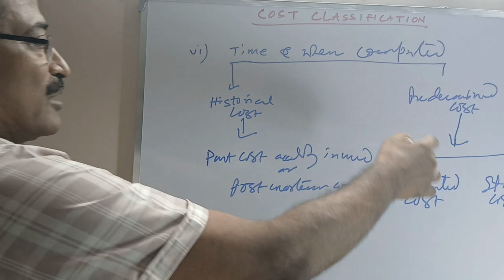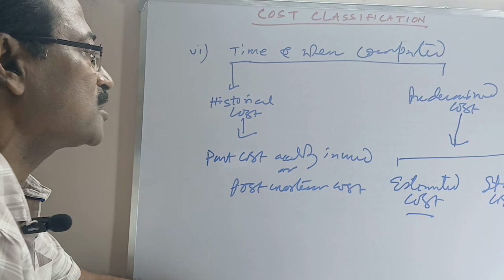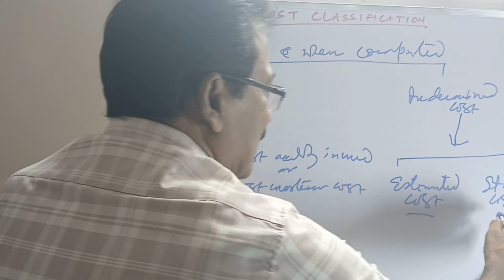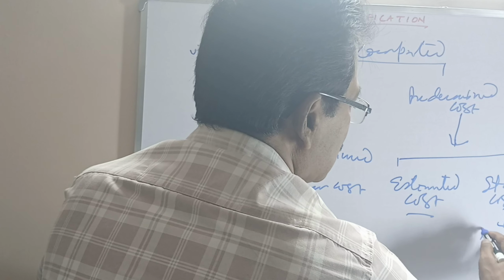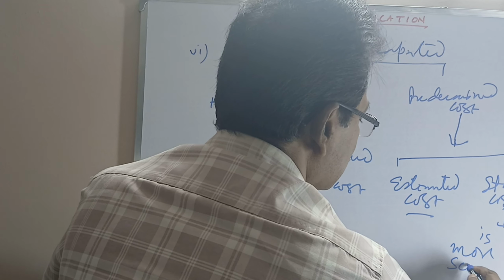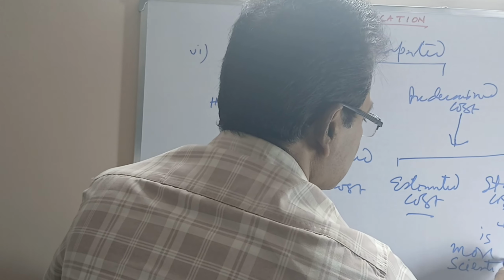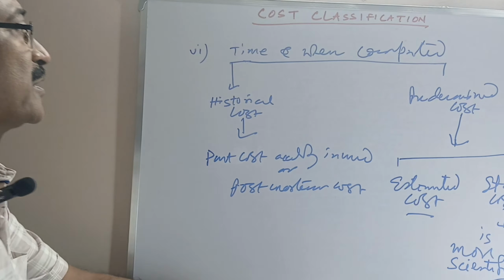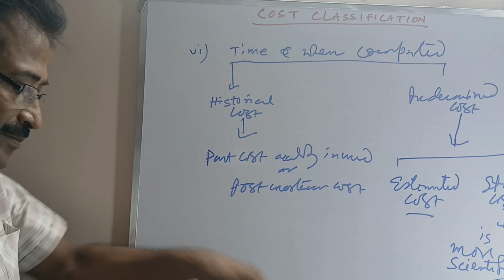Predetermined costs are determined on the basis of estimated cost or on the basis of standard cost. Standard cost is more scientific. Okay.